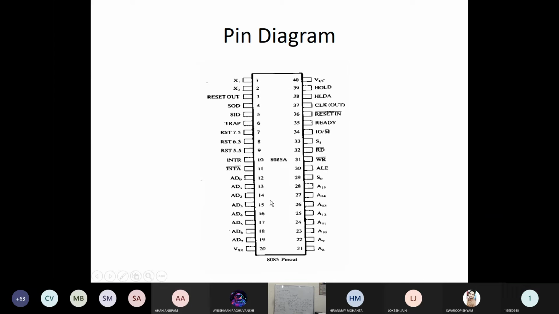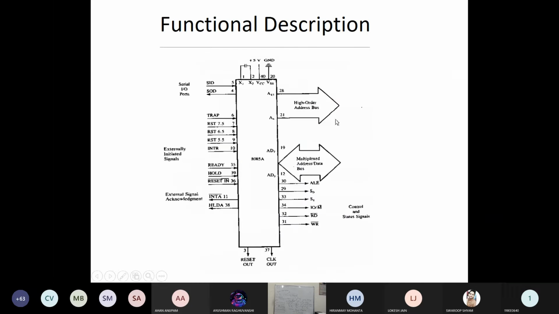So the functional description I will show, the functional diagram, so that you will understand what function each pin has.